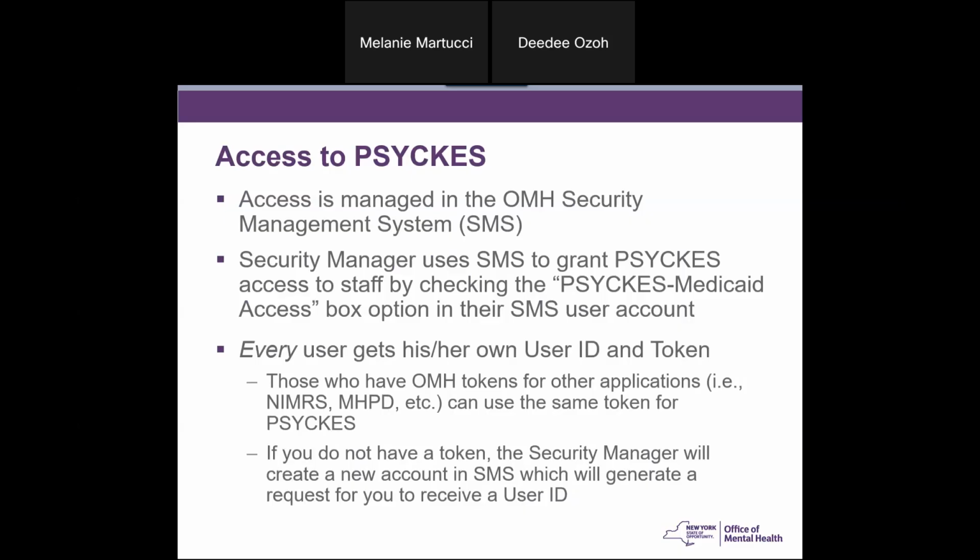Everyone gets their own. Those who do have OMH tokens for other applications like NIMERS or MHPD, you can use that same user ID and token for your PSYCKES access. If you don't already have a token and a user ID, the security manager will be able to create a new account for you in SMS, and this will generate a request for you to receive a user ID.